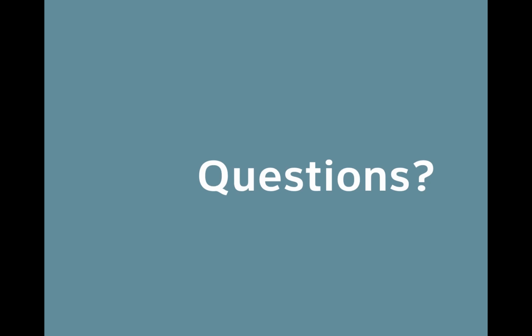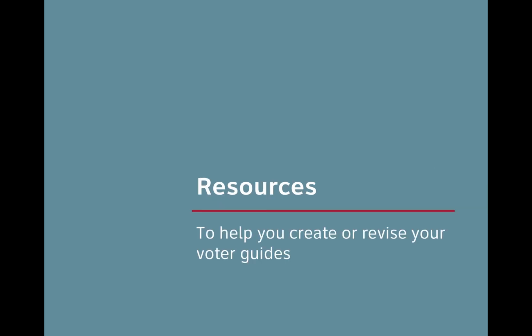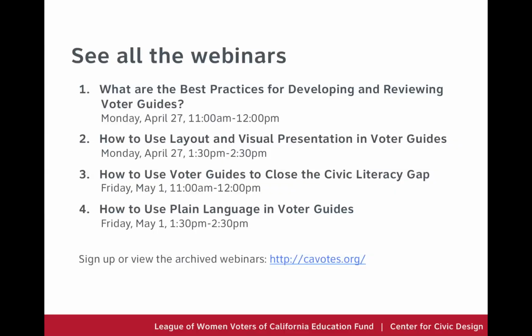Well, maybe we should move forward and just talk about some of the resources that are available to you besides this webinar and where you can get them, and make sure that everybody knows where that is before we run out of time. That's great. As we pointed out earlier today, we had our first webinar. You will be able to see that as well as this webinar and the presentations online at cavotes.org.